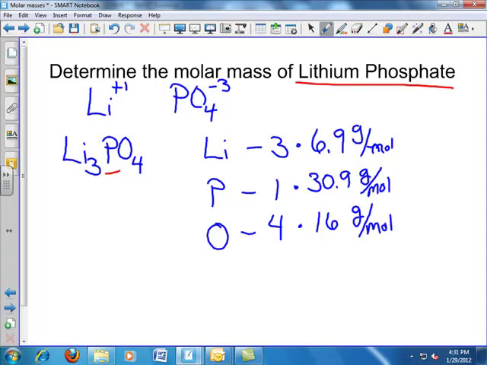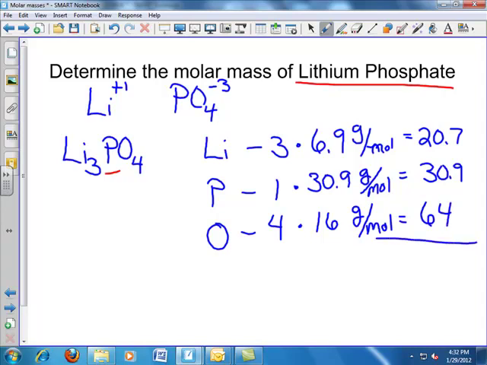Okay, so then, when I write all these out, I want to take 3 times 6.9. And that's 20.7. And then 1 times 30.9 is 30.9. And then 16 times 4 is 64.